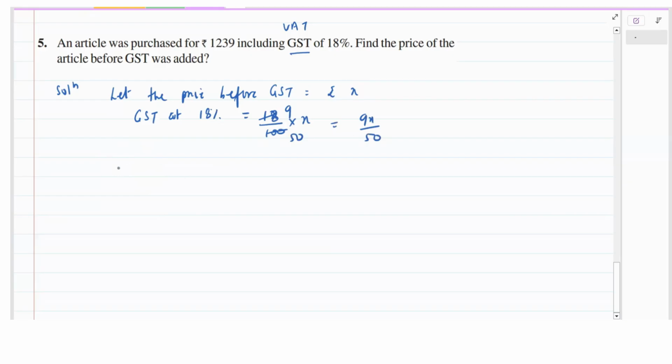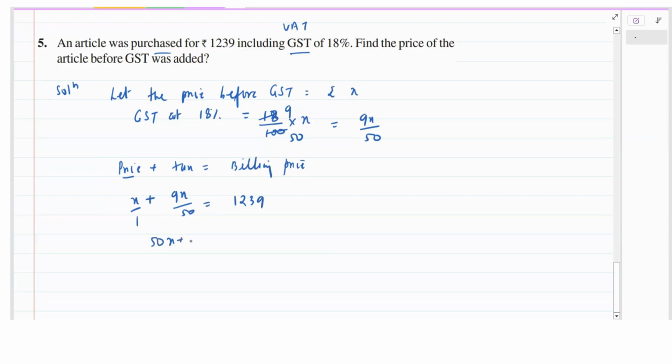So what is the total price? Total price is simple. Price plus tax will give me the billing price, the actual price. Price is how much? X. Tax is 9x upon 50 and the total amount they have given is 1239. Again take LCM.